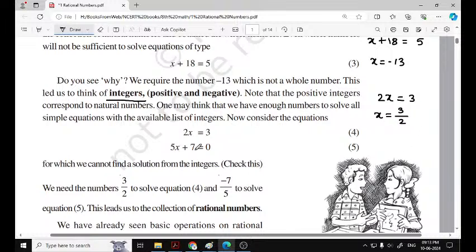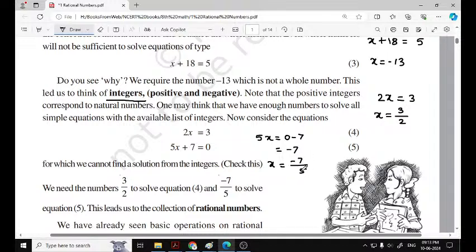Also, solution of this 5x plus 7 equal to 0. That is, let us transpose 7. Here 7 is added to 5x. Opposite of addition is subtraction. Now we will transpose 5. That will divide, because opposite of multiplication is division.